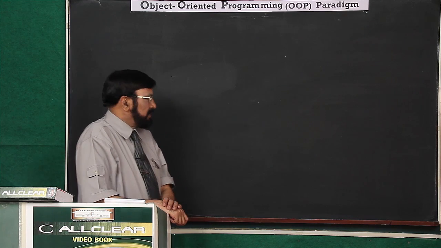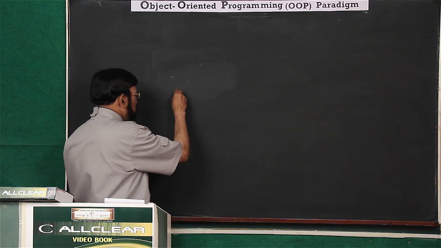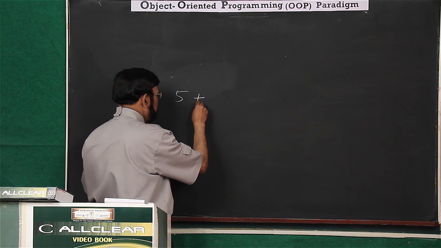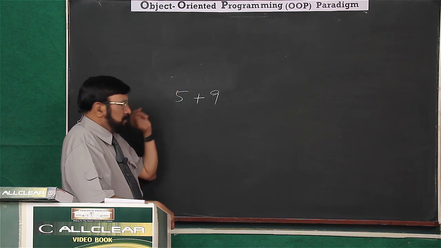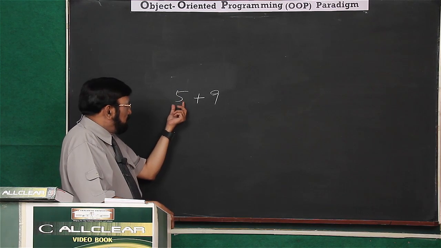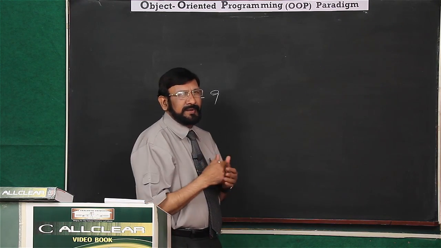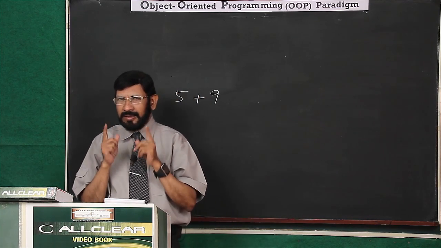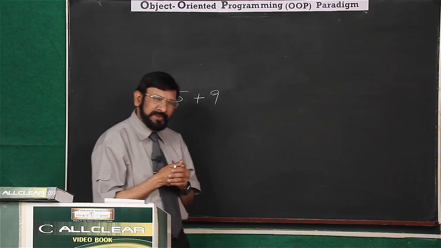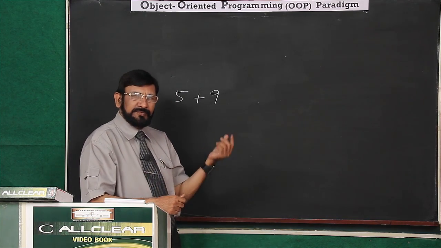Actually, if you analyze that fact, suppose you take an example, 5 plus 9. In this simple calculation, 5 and 9 are data items and plus is a function. Why is it a function?